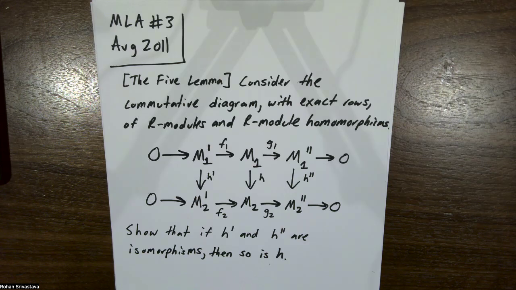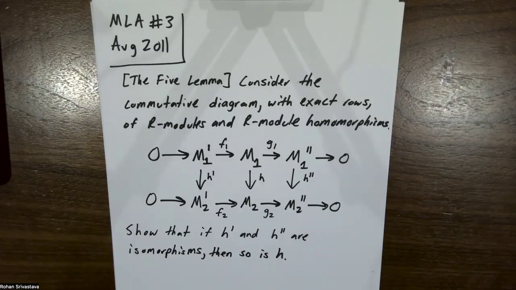So the way we're going to do this is we're going to show that if H prime and H double prime are surjective, then H is also surjective.